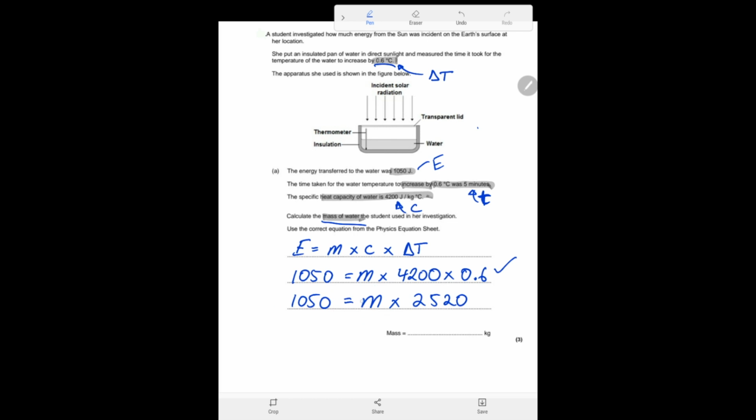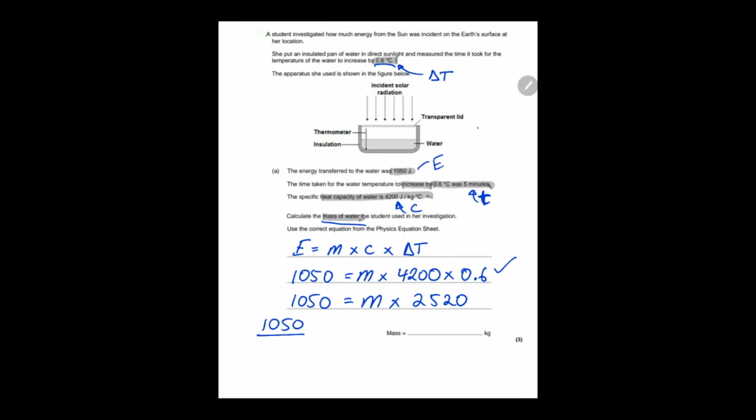Again, I'm going to go through my portal, which is the equal sign, and when I go through it, I become the opposite of what sign I had. So in this case, because I'm a multiply sign in front of the 2520, when I go through it, I'll become the opposite, which is divide. So that will be 1050 divided by 2520, and that is equal to m.